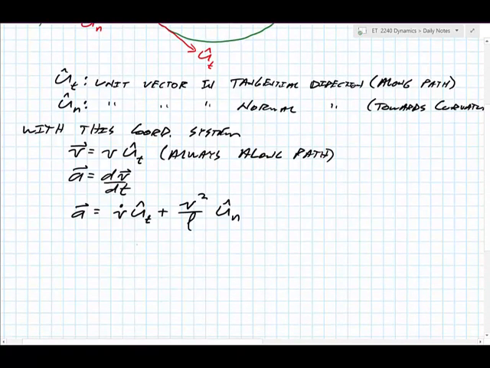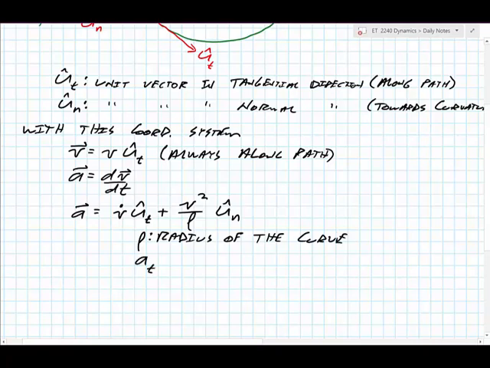To define these things, my rho is going to be the radius of the curve of whatever I'm traveling on at that particular moment. And my a sub t, we're going to define as my v dot, which we've already defined as my change in speed.